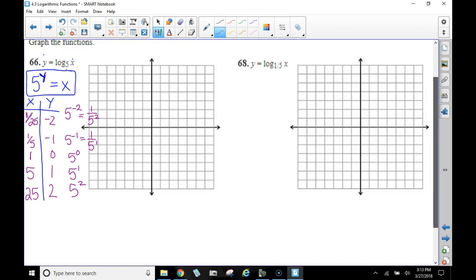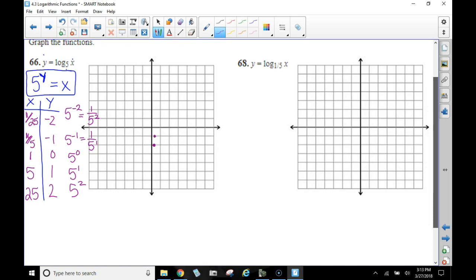So let's plot those points. Okay? When x is 1/25th, which is like 0.04, I think, just little bitty, y is down there at -2. So I'm going to scooch that really close over there to 0, but not 0. Okay? I'm going to plot the next ordered pair, 1/5 for x, -1 for y, about right in there.